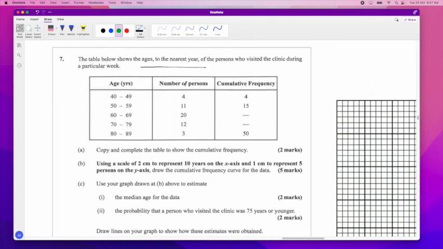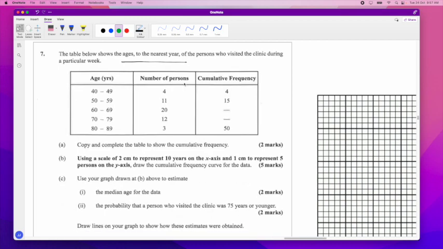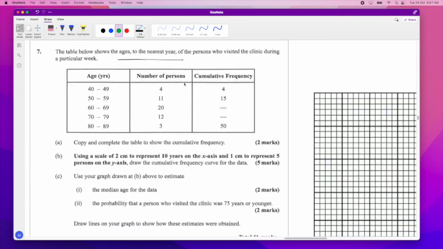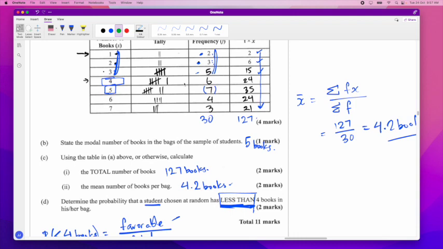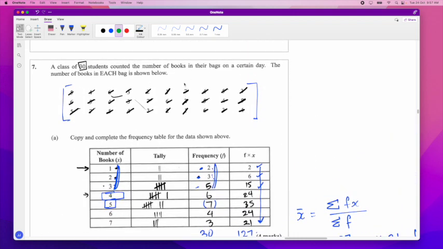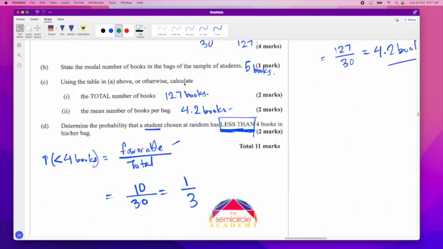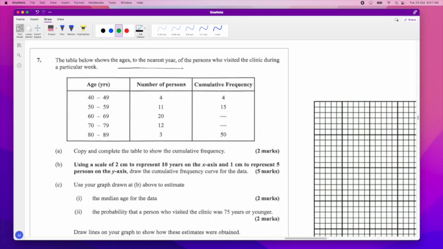So now let's look at this other one, the second question here. And you notice how this is also a number 7. So in the paper 2, your number 7 or around there, 5, 6, 7 is usually where your statistics question is, right? So copy and complete the table below.